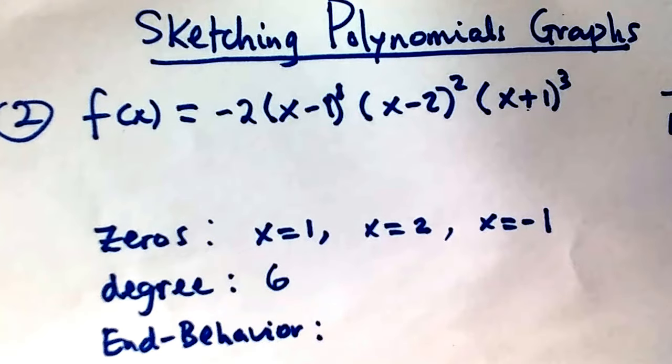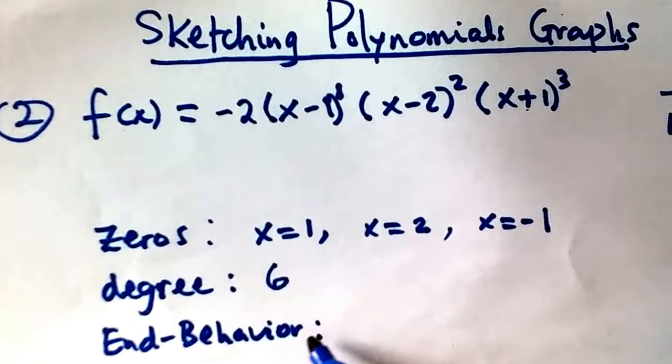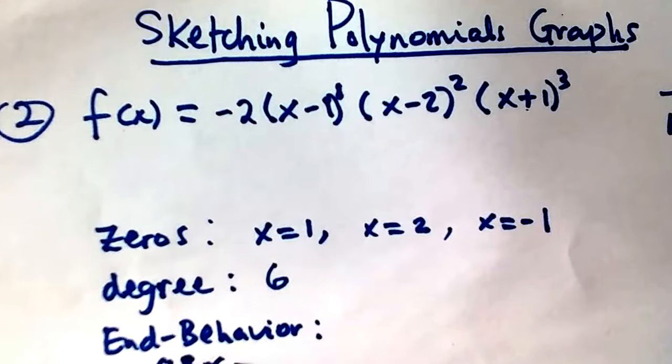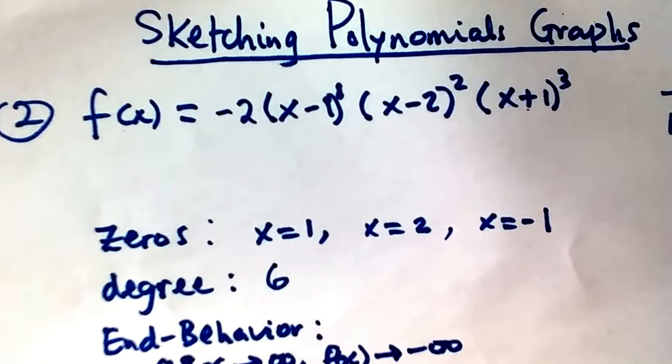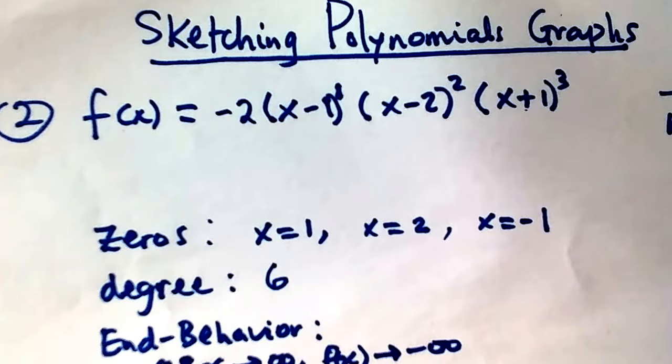So we can say that as x goes toward infinity, f of x is going to go toward negative infinity. And as x goes toward negative infinity, f of x is going to go towards negative infinity as well. That's the end behavior.